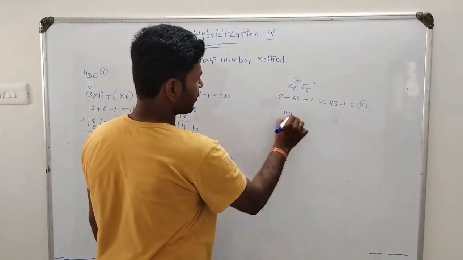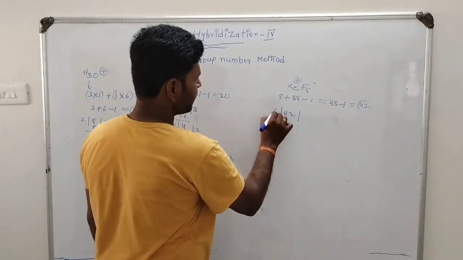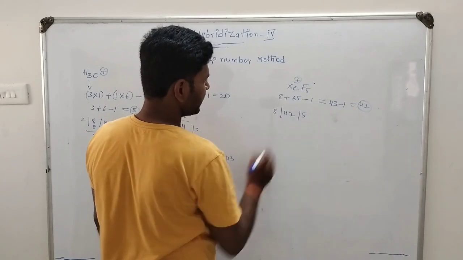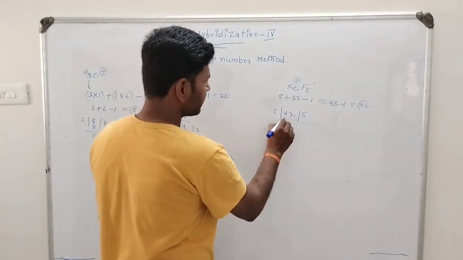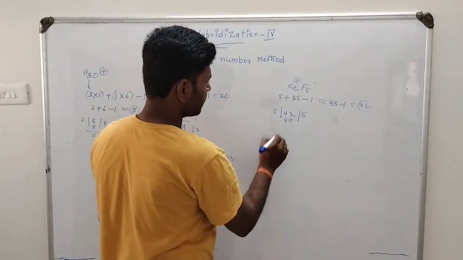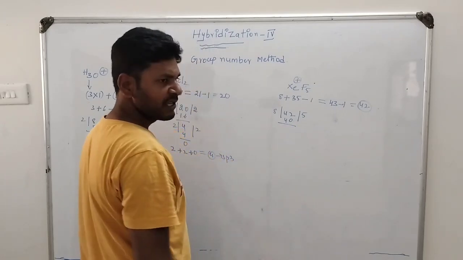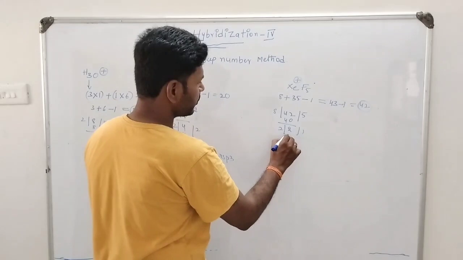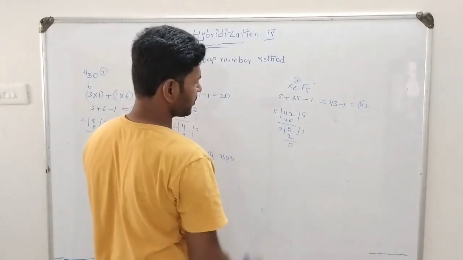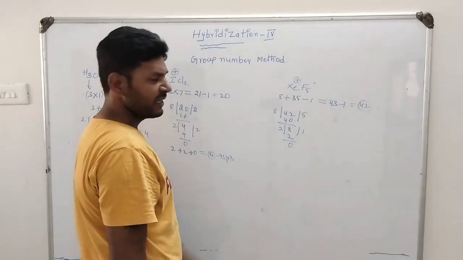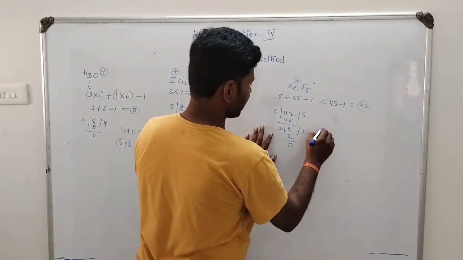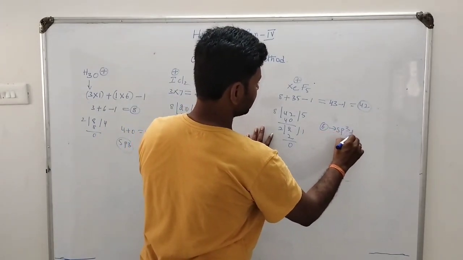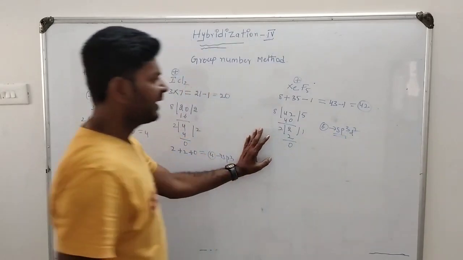If the valence electron number is 42, divide with 8. 8 5 times, okay, so here the remainder is 2. Again we will divide with 2. 2 ones are 2. So then 5 plus 1, 6. 6 plus 0, 6 only. So 6 means what? sp3d2 hybridization.